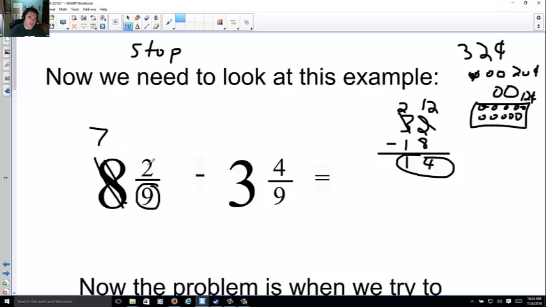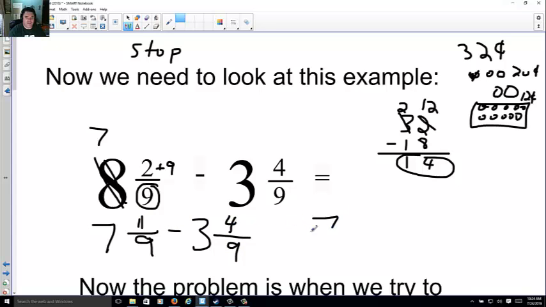Okay, I had 2 tokens, and I'm going to add 9 more to it. So I have a big 7 still, and 2 plus 9 is 11, and it's still over 9. Minus 3 and 4/9. Now you take 11 minus 4, and that gives you 7, still over 9. Big 7 minus big 3 makes 4.